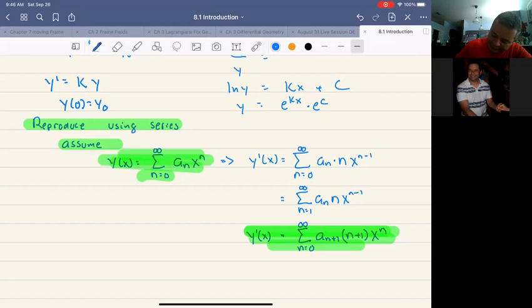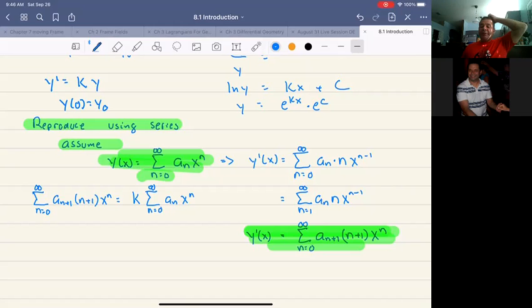So we're going to get the sum, n goes from 0 to infinity, of a sub n plus 1, n plus 1, x to the n, equals, on the other side, k times the sum, n equals 0 to infinity, of a sub n x to the n.